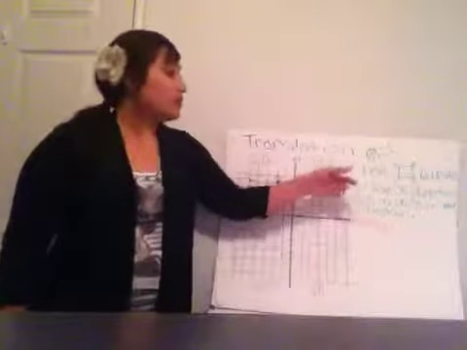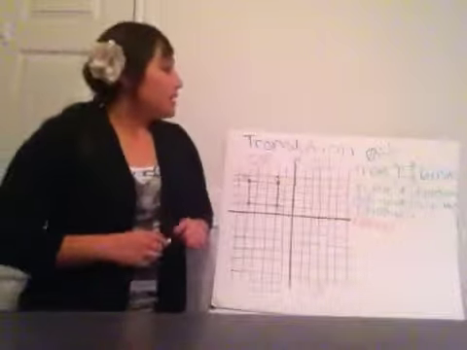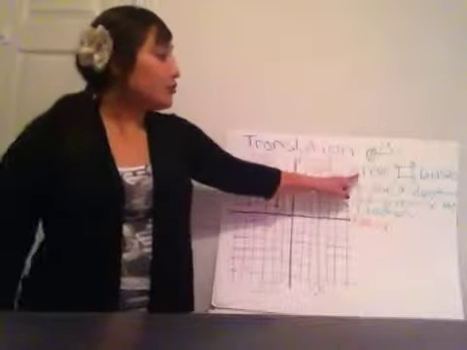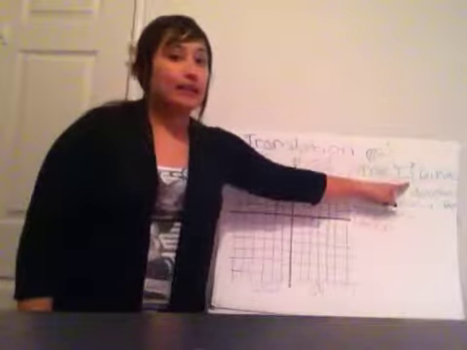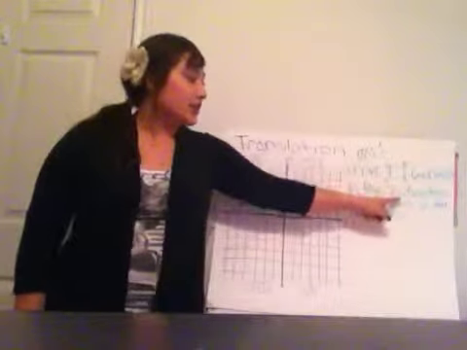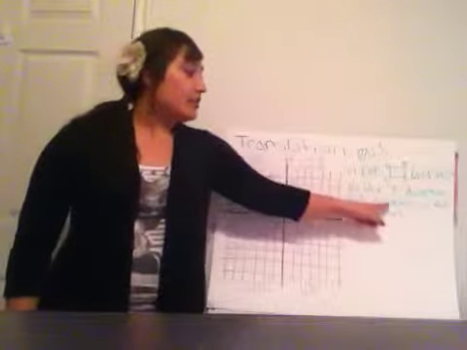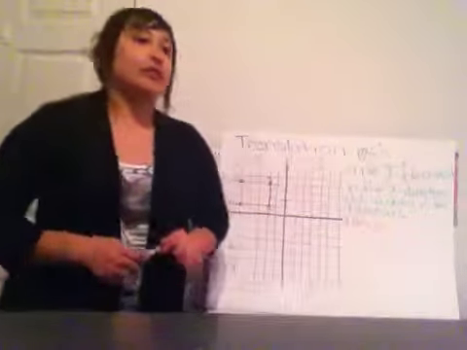Now let's go into our first problem. It says, move square ABCD 6 units in the x direction and negative 6 units in the y direction. What does that mean, Mrs. Rodriguez?